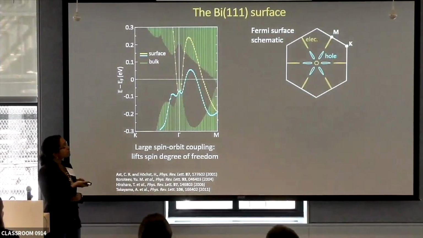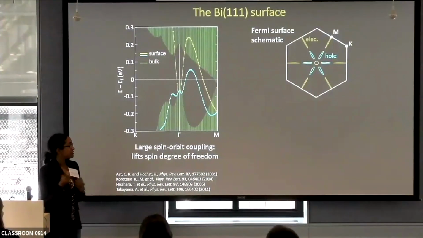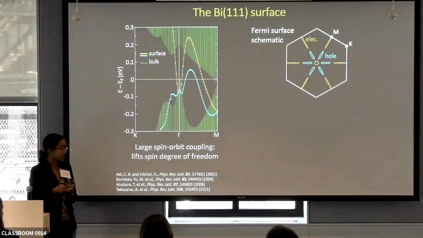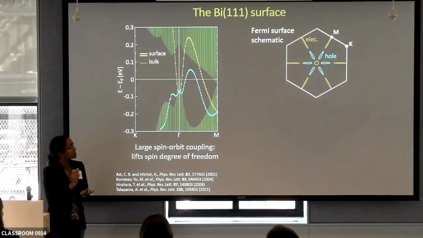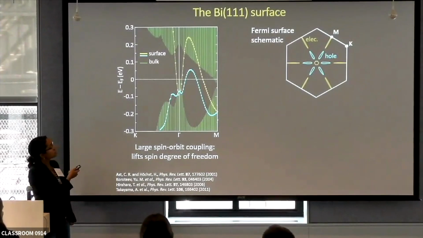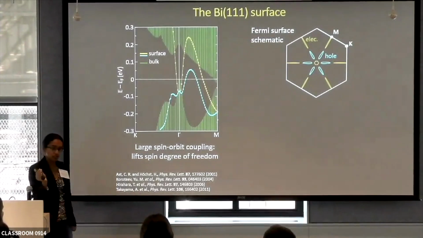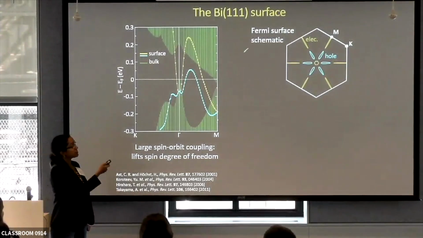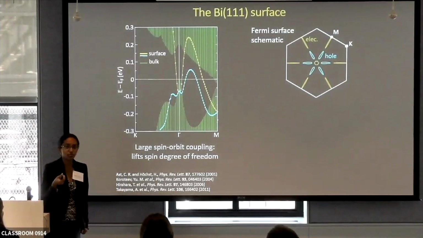The band structure of this material has been long studied and is very well known, both theoretically and from ARPES measurements. This material has large spin-orbit coupling, which lifts the spin degree of freedom and gives you these two spin-split surface state bands shown in yellow and blue here. So there's no spin degeneracy, but the Fermi surface schematically looks like this, and it has these multiple valleys or pockets.